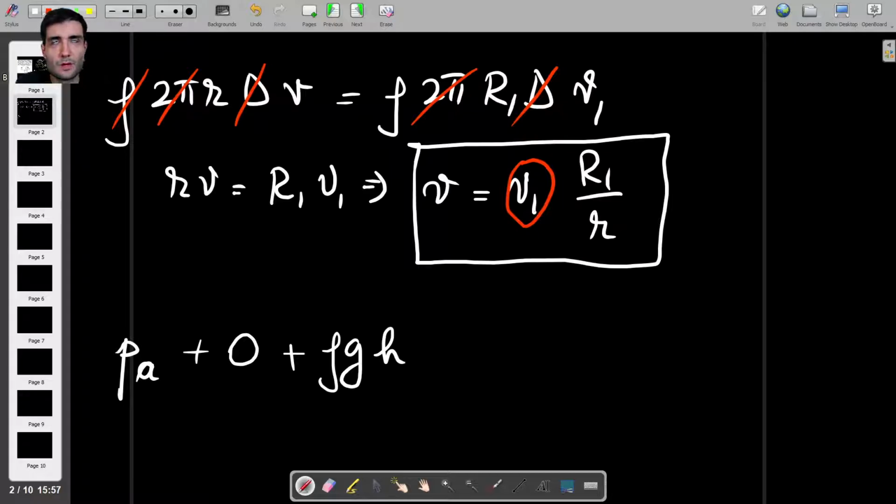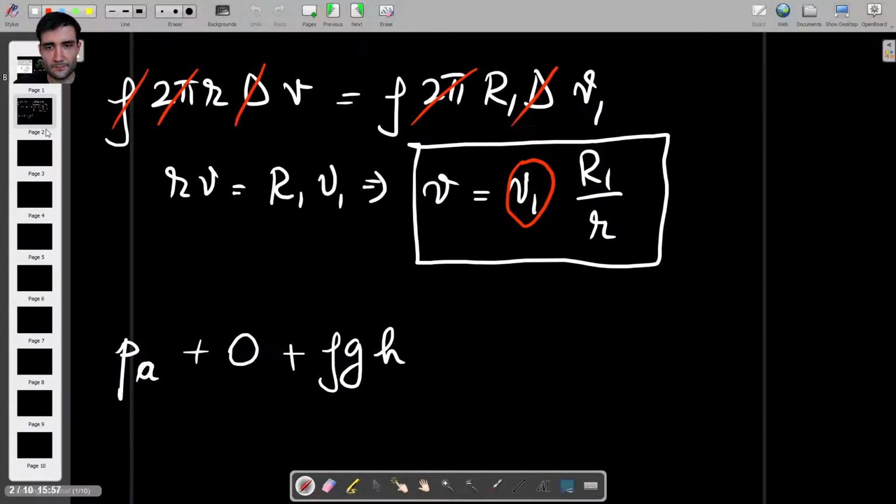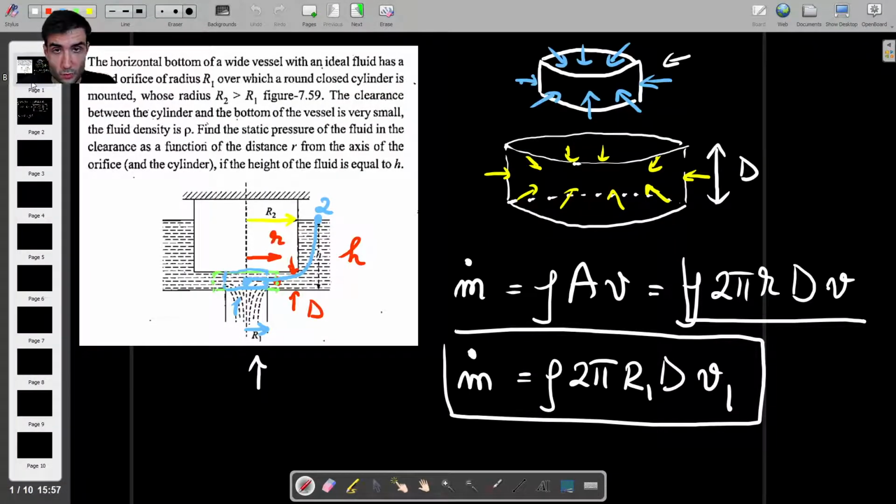Well, there is a bit of dynamic pressure, but it's negligible because the surface area of the water tank is much bigger than the area at the exit, which has a radius r1. And then this is equal to the static pressure at point 1.